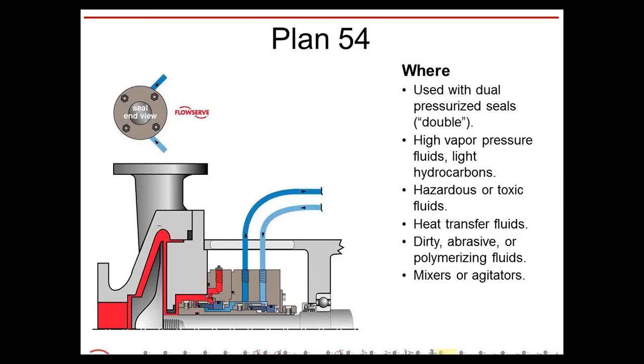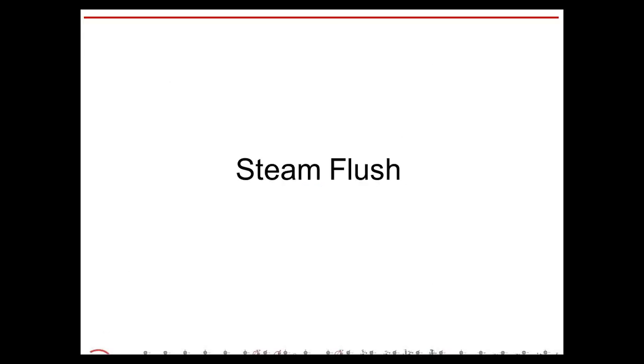Again, the Plan 54 falls under the same category as the Plan 32. It is an external flush, so you want to make sure you watch the condition of the system you're using to flush your seals, and how reliable it is.